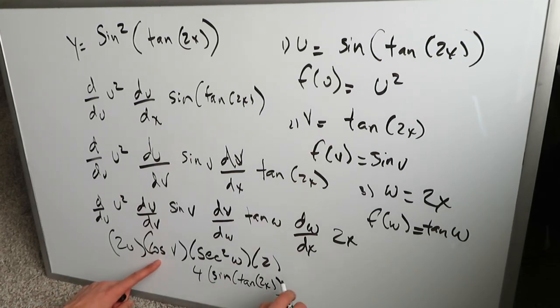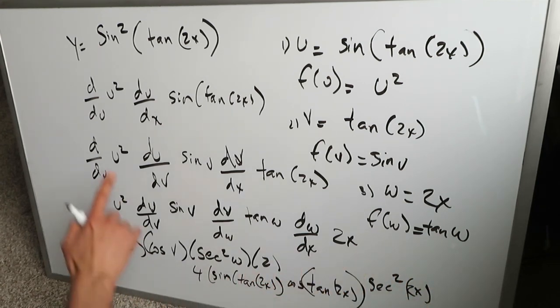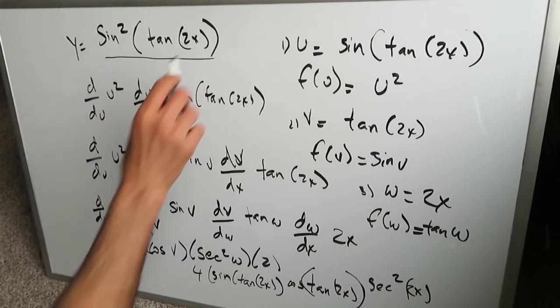Now let's bring the cosine, and its v value, tan 2x. Now let's bring our secant value, secant squared with its attached w value, which is 2x. So this right here represents our final answer, all of this. This right here is the derivative of this function over here.